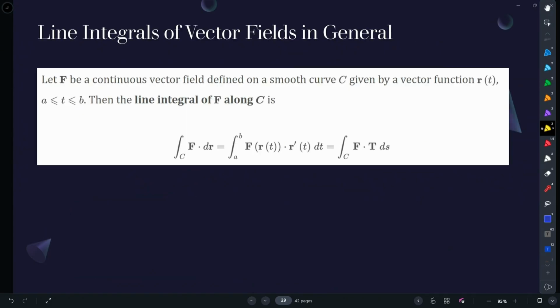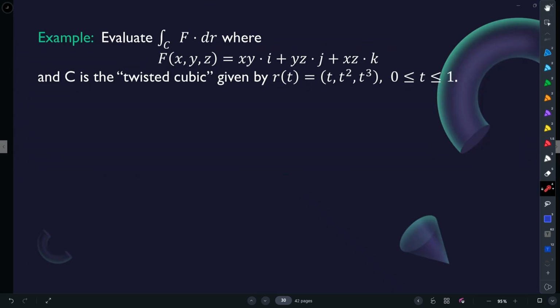Okay. So in general, these integrals of vector fields have that form. If you just have any vector field along a smooth curve, by this we mean this quantity, which is computed like so. And let me just set this one up.